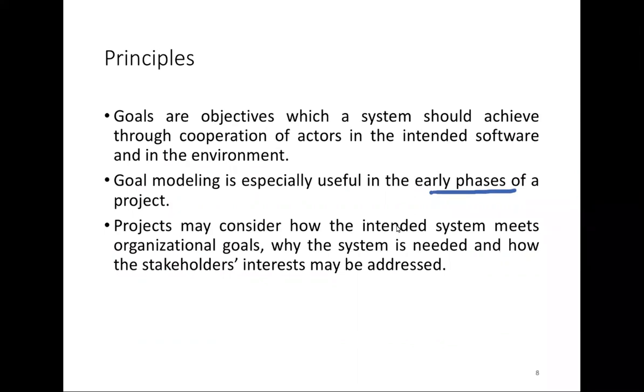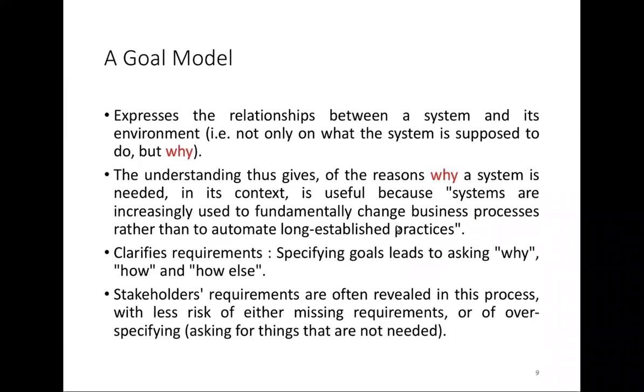And we would also like to answer the question of why the system is needed and how the stakeholders' interests may be addressed. So a goal model is primarily used to express the relationship between the system and its environment. So it's not only about what the system is supposed to do, it's actually about why.